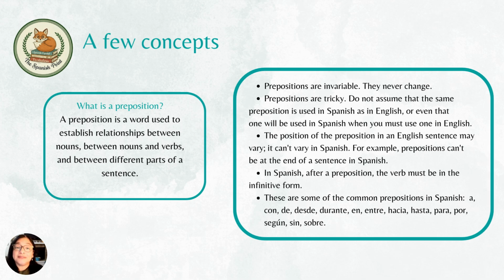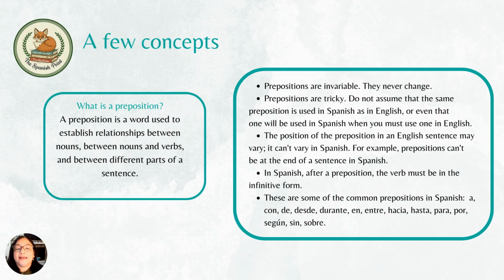In fact, sometimes some verbs that need a preposition in English don't need a preposition in Spanish. Another important thing to know is that the placement of the preposition doesn't change in Spanish. For example, we will never find a preposition in Spanish placed at the end of a sentence.